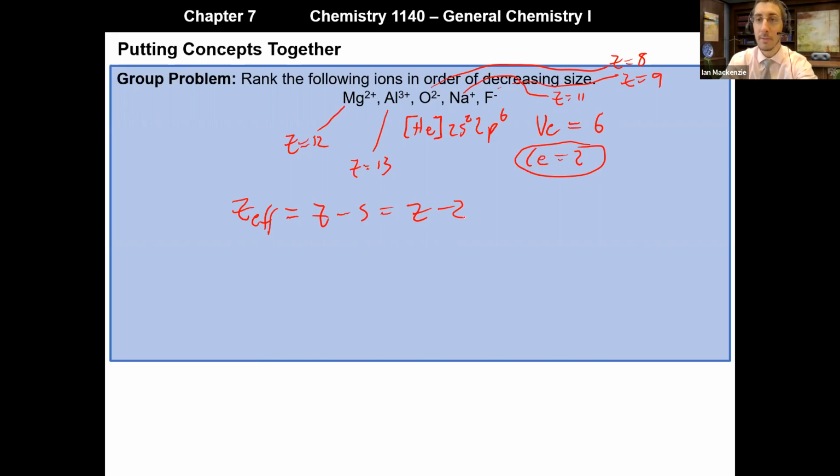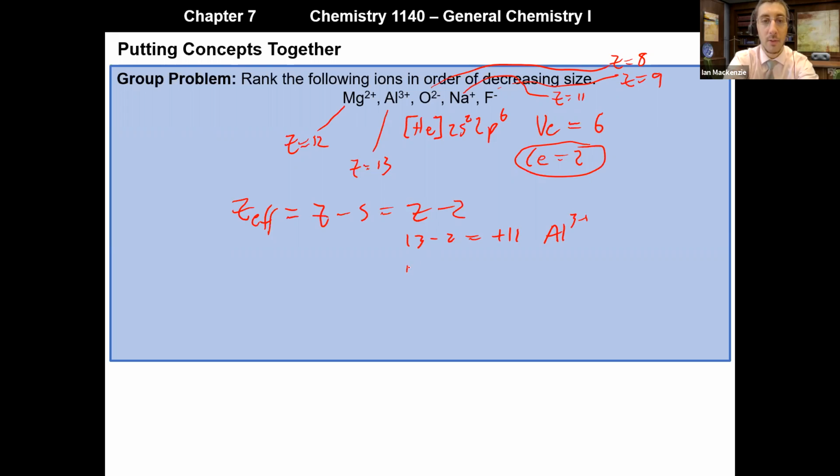But Z is different, and so we can see that the ions that have the largest number of protons, the largest value of Z, are going to have the largest effective nuclear charge. So aluminum has 13. So 13 minus 2, it will have a plus 11 effective nuclear charge that those valence electrons feel. This is for the aluminum 3+.